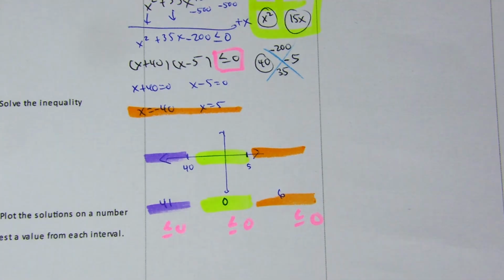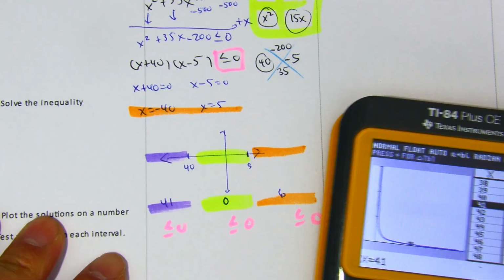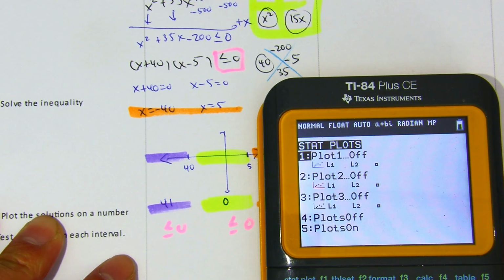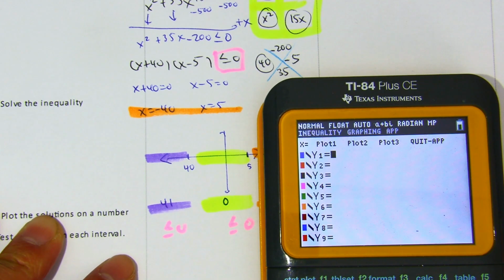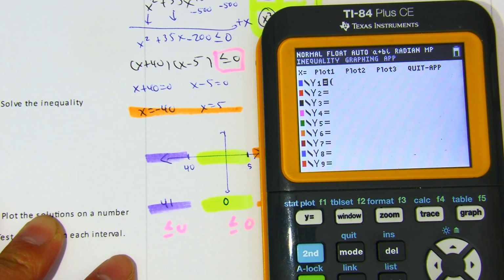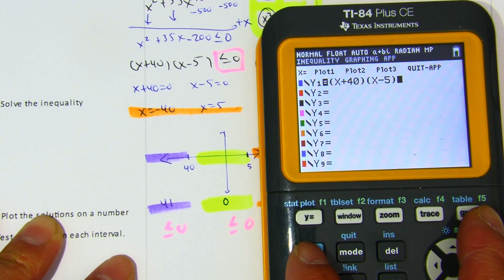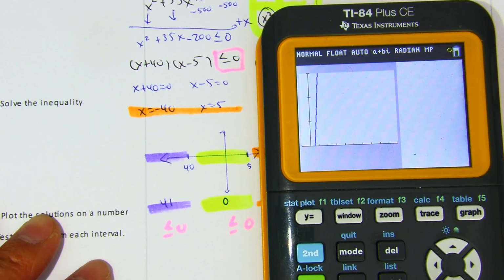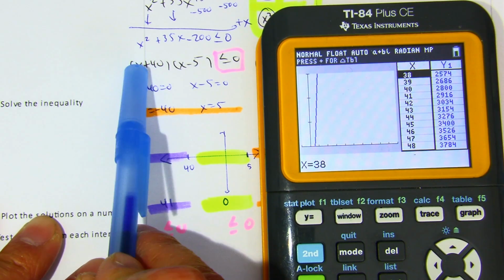Let's put it in. So I'm going to do x plus 40. You can also put in the original quadratic from standard form. Okay, basically put in negative 41 in here.